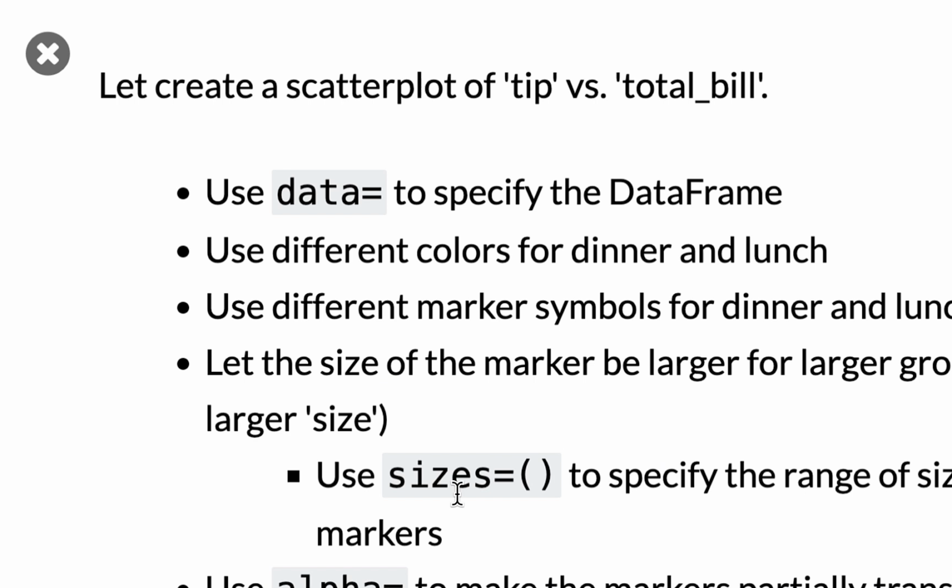And then there's a bunch of things we can do. Let's just find them out in a few moments. Okay, so let's do sns.scatterplot. And the first thing to do is to specify the data. Now data is tips, right? Because we just loaded this tips data frame, we want to use it.